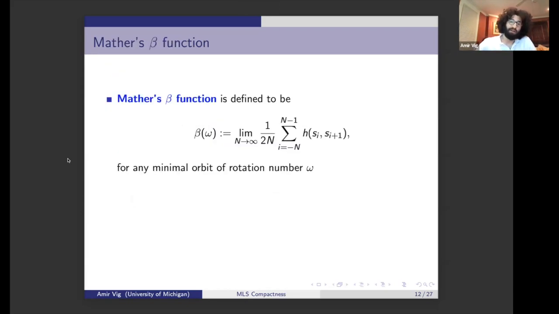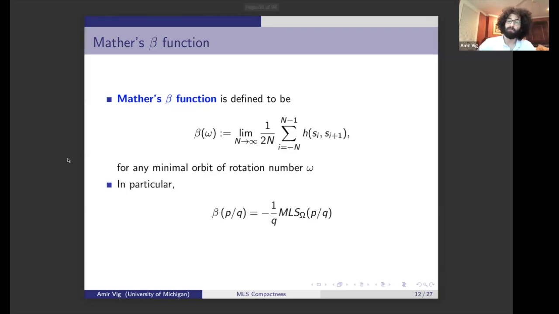So Mather's beta function is going to be one of the main objects of study. It says the following. If you take any minimal orbit, which has rotation number omega, and you average the generating function over that orbit, then the limit is going to be some number. It turns out that it exists. And we call that Mather's beta function. Okay. And if you remember, this generating function was the length.